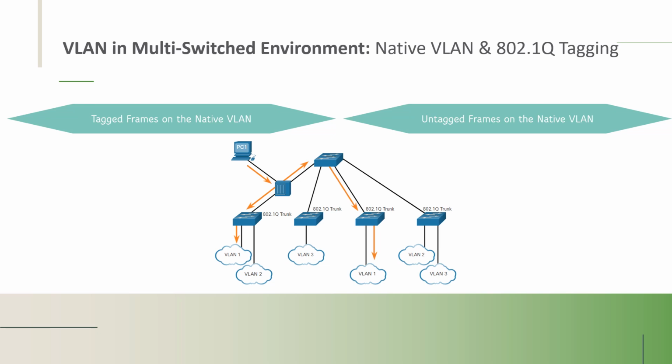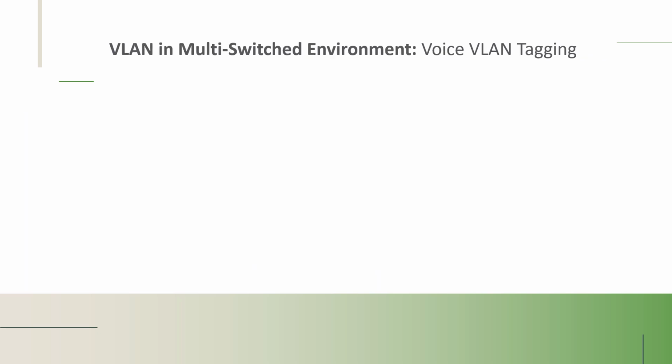And as for voice VLAN tagging, you need to know that a separate voice VLAN is required to support voice over IP. This enables quality of service and security policies to be applied to voice traffic. A Cisco IP phone connects directly to a switch port, and an IP host can connect to the IP phone to gain network connectivity as well.